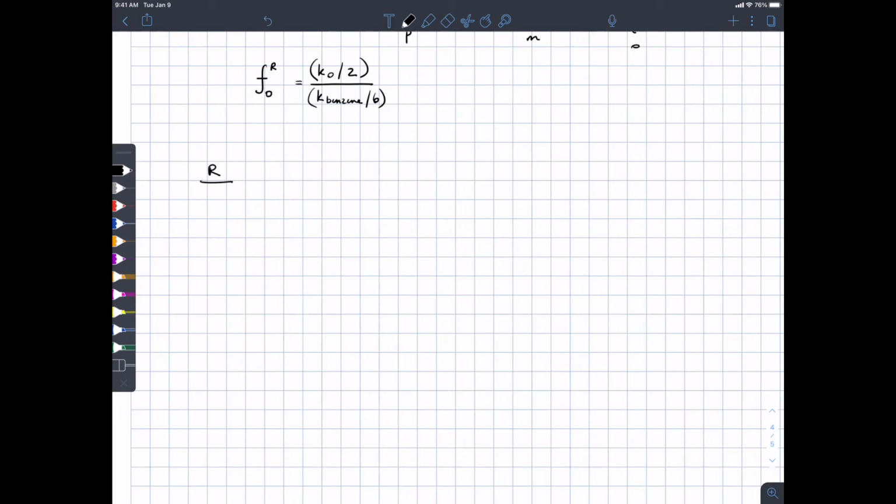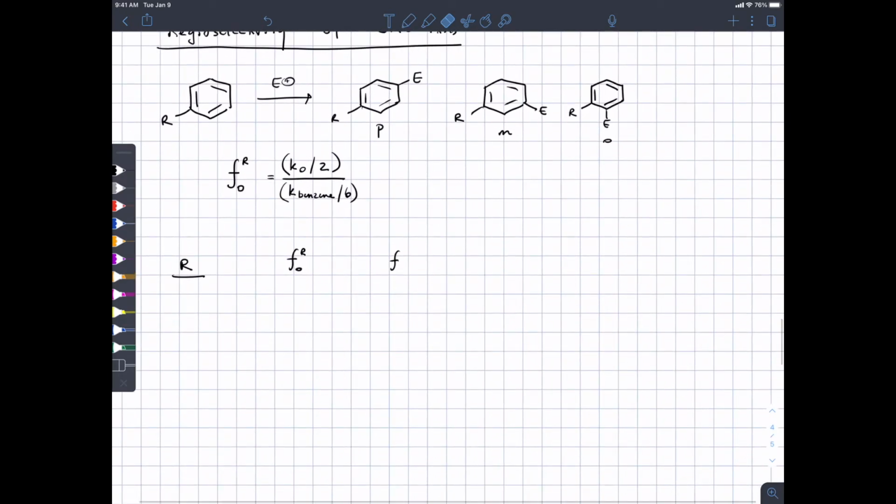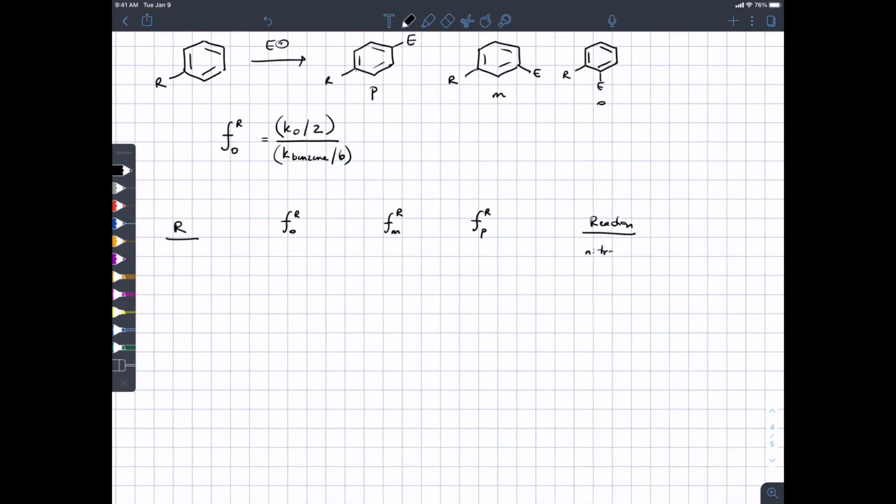So I'm going to list several substituents here, and then I'm going to show you the ortho, meta, and para rate factors, which is going to tell you relative to benzene how fast it is to substitute at an ortho, meta, or para position relative to a substituent that you have. And we'll do this for a couple of different reactions. The first reaction is going to be just nitration, which is one of the reactions we teach undergraduates.